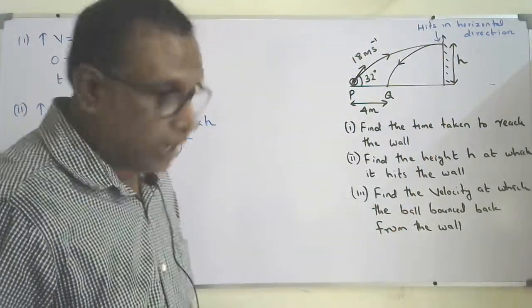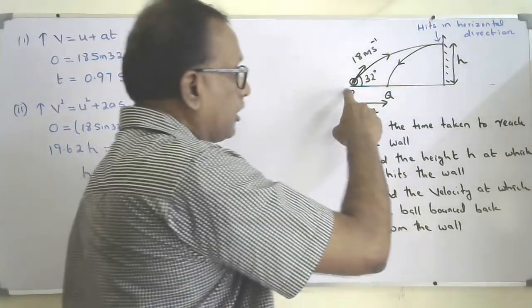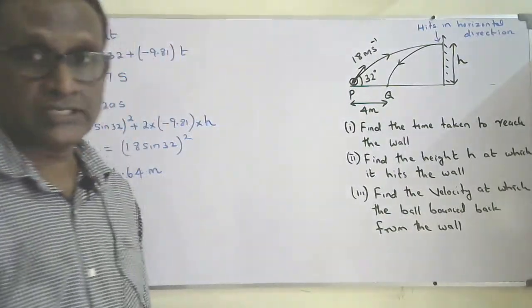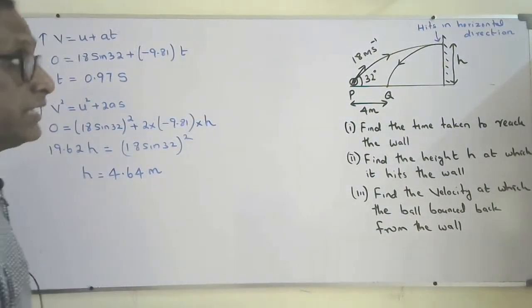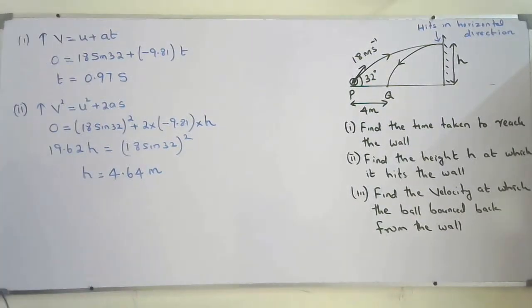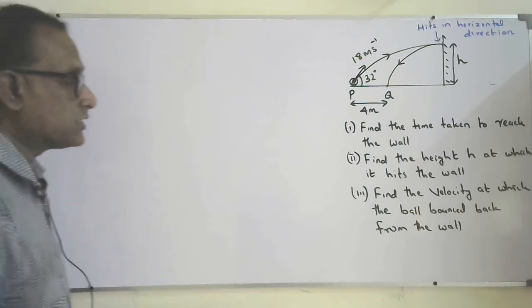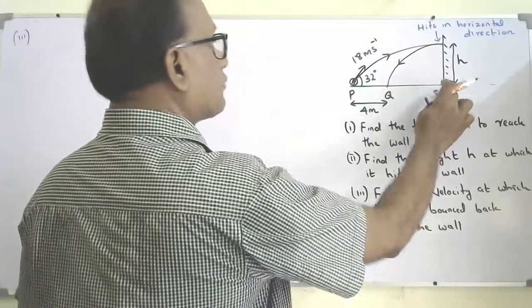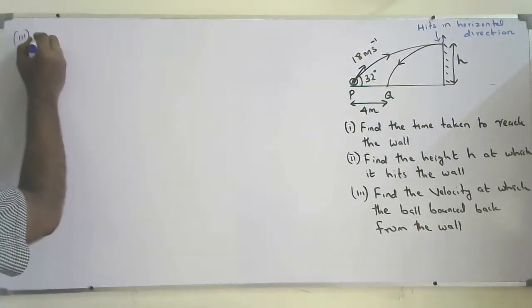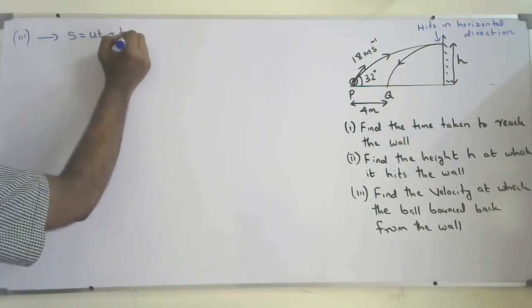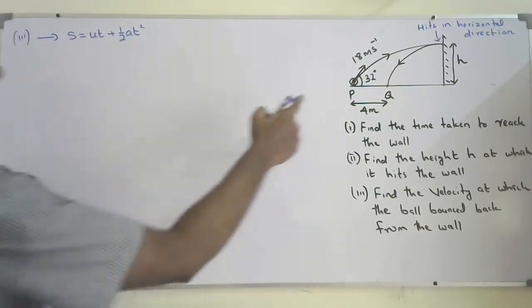Okay, so first I should find the horizontal displacement when the ball was kicked towards the wall. I need to find the distance of the wall, horizontal distance of the wall from point P first. So horizontally use s equal ut plus half at squared from point P to the wall.